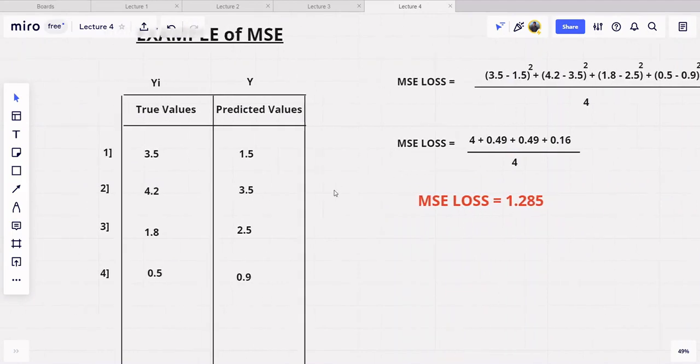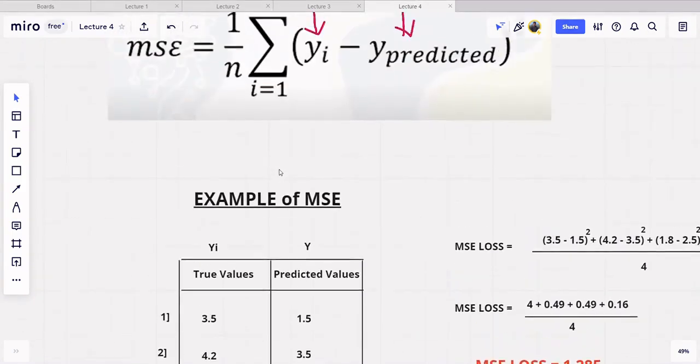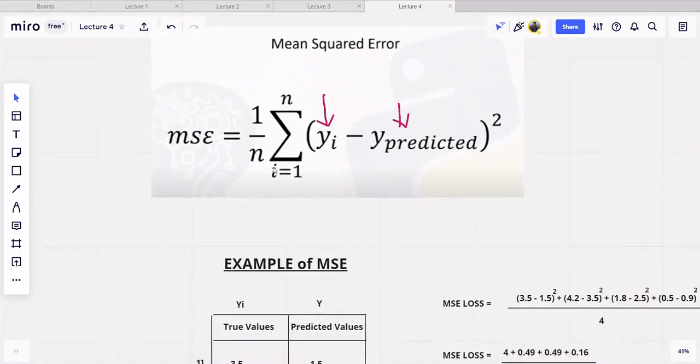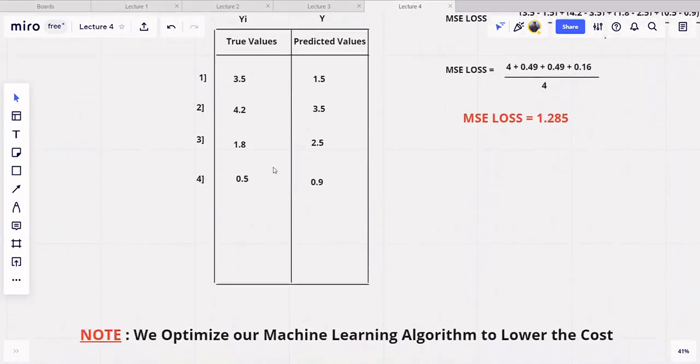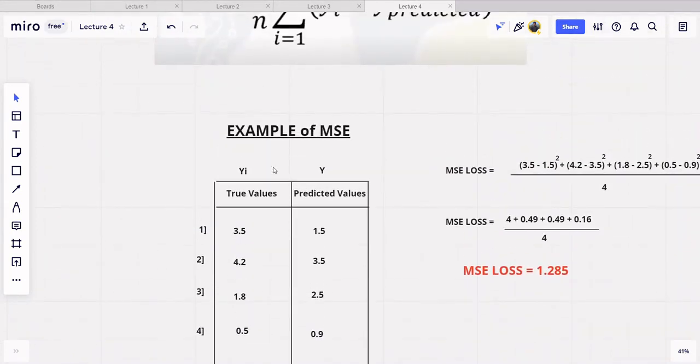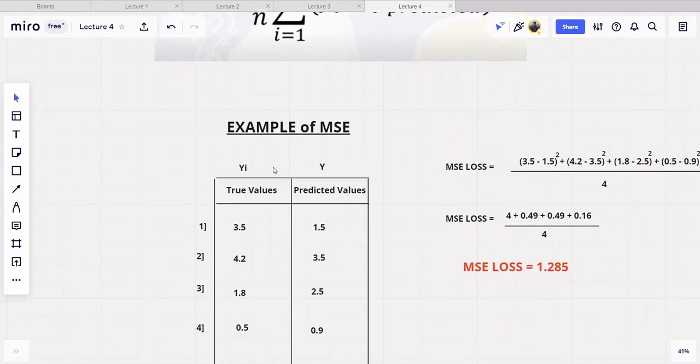So the loss function is a metric that we use to judge how well our machine learning model is doing.